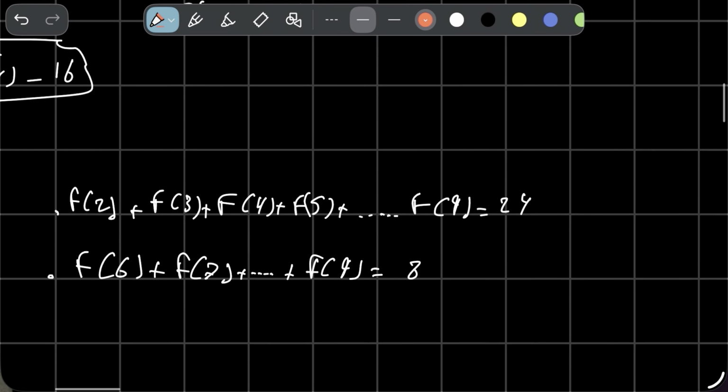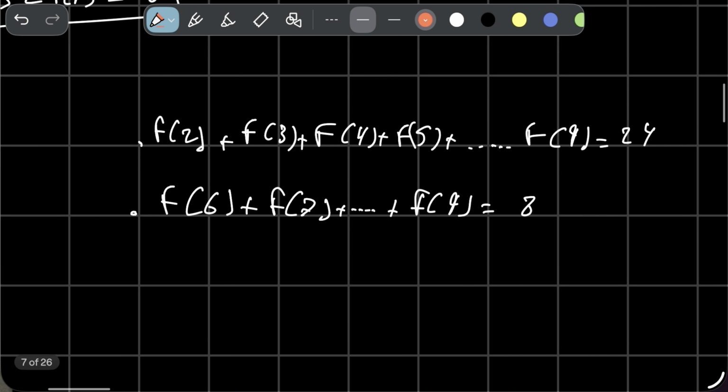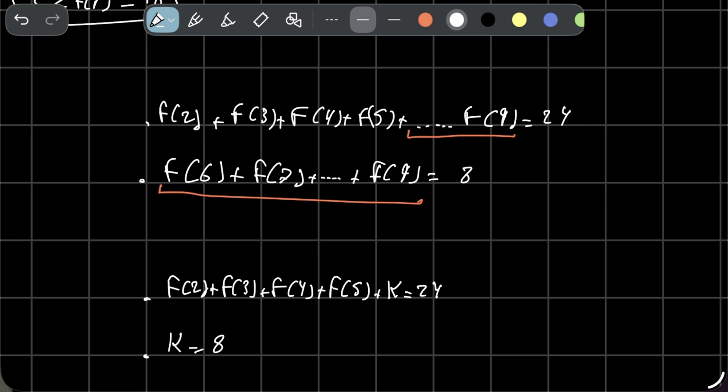Now look, we have common terms between both of these equations: from f of 6 till f of 9. These are common terms. Let's name them k. So we have f2 plus f3 plus f4 plus f5 plus k equals 24. And you also know that k equals 8.